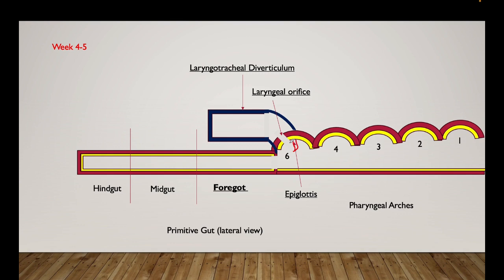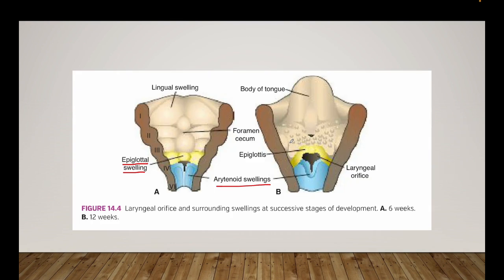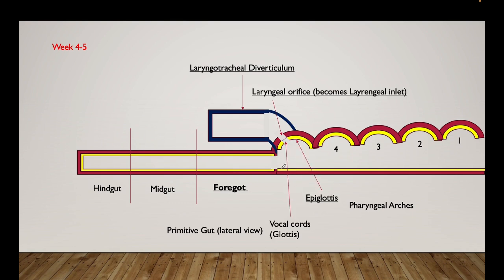Okay? And another point worth mentioning is that some of the endodermal cells, let's explain on this drawing, will travel in the laryngeal orifice and will form the vocal cords. As you notice here, we have vocal cords right here, which are inside the glottis.